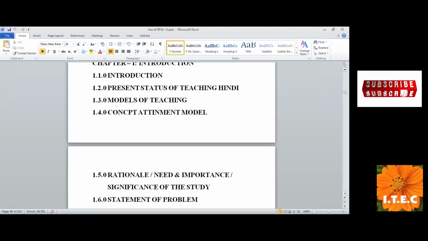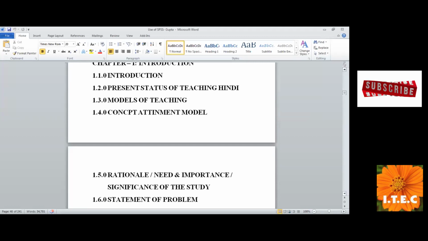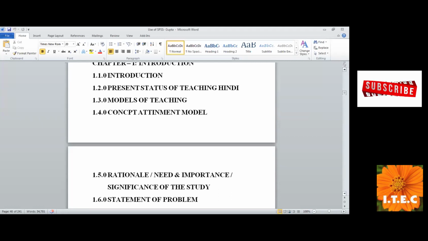Without reading this, you will not be able to understand and appreciate the research conducted by the person whose thesis you are reading.